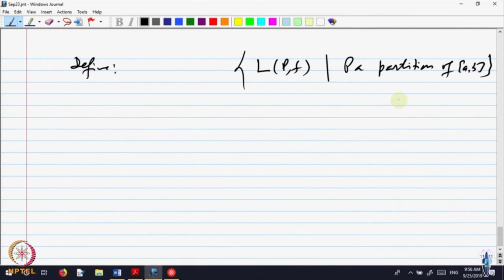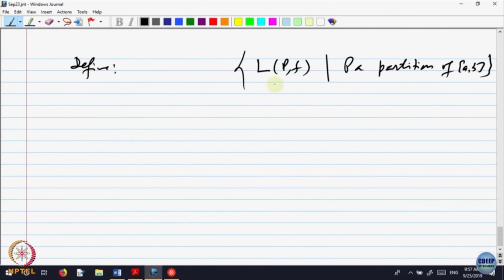Okay, you can take the partition to be the endpoints only. It's a non-empty set which is bounded above. Why is it bounded above? Because the function f is bounded. So M times (b minus a), right? So all the lower sums will be less than that. So it is a non-empty set which is bounded above.